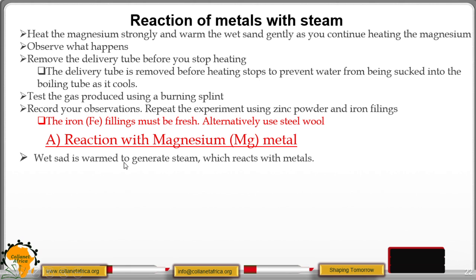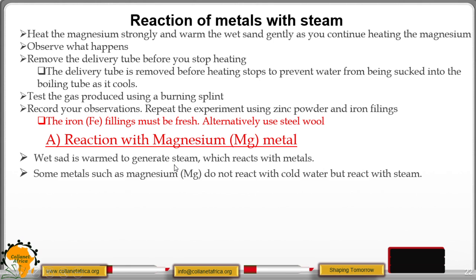The reaction with magnesium metal: the wet sand is warmed to generate steam, which reacts with the metal. Some metals such as magnesium do not react with cold water. Remember, we found that magnesium has a coating on the surface of the metal, which is magnesium oxide. When magnesium is exposed to atmospheric air, it combines with atmospheric oxygen to form magnesium oxide, which prevents it from reacting with cold water.